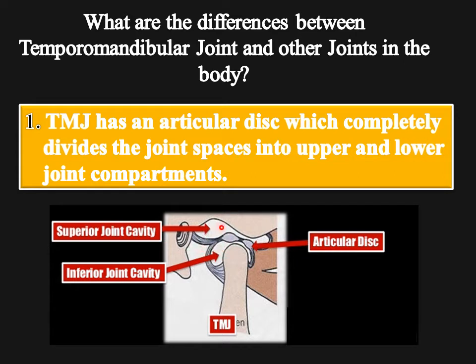This is the superior joint cavity, this is the inferior joint cavity, this is the articular disc, this is the condylar head, and this is the glenoid fossa. So we can see that the articular disc completely divides the joint space into upper and lower compartments, and this is unique to the temporomandibular joint; there is no such joint in other parts of the human body.